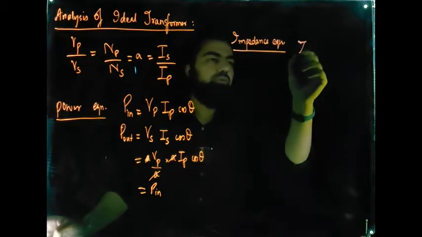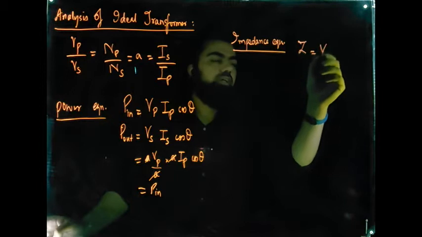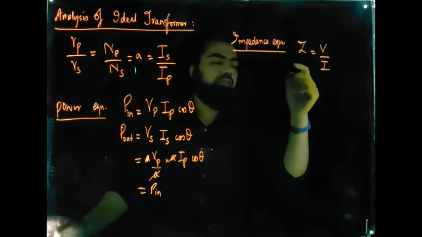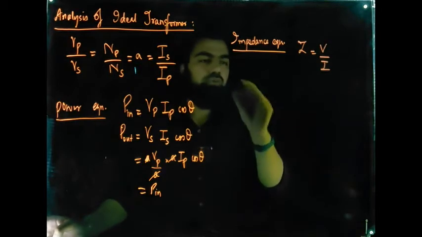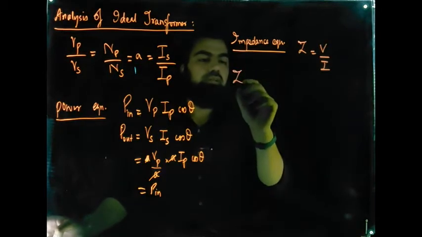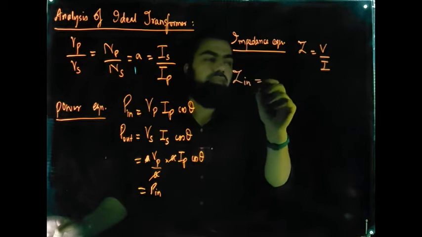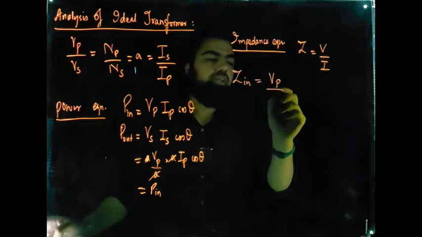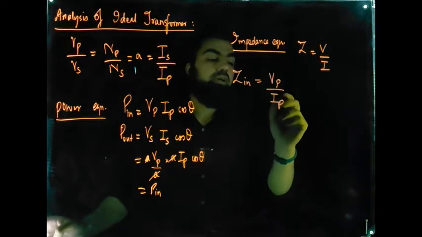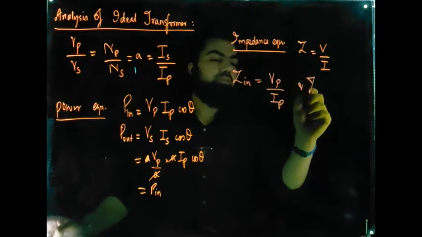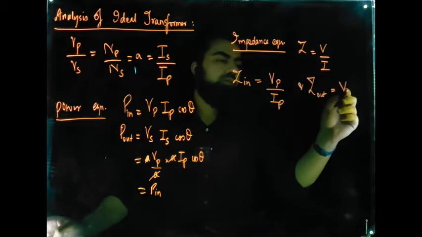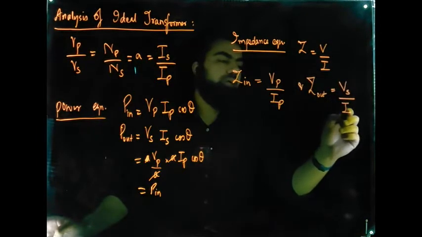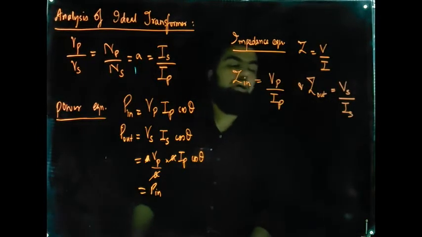One more equation, the impedance equation of the transformer. We know impedance of a system is given by V divided by I, where V and I represent the voltage and the current. For a transformer, we can say the input impedance Z in will be equal to Vp divided by Ip, and the output impedance is equal to Vs divided by Is.